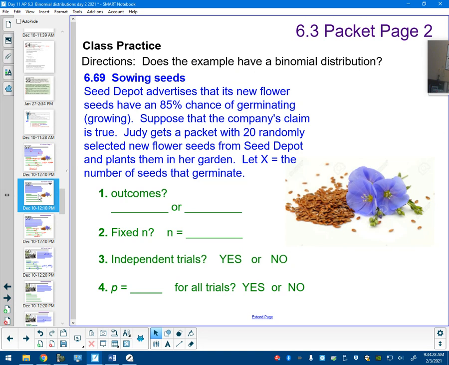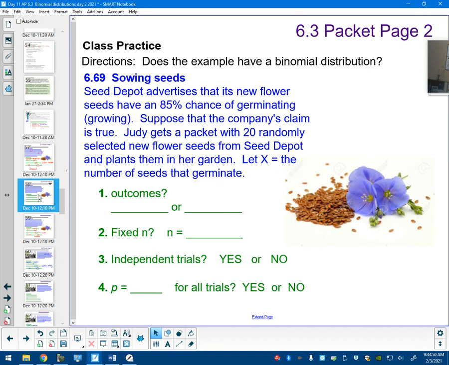Now, I'm reading you through this. If you had this on the AP statistics test, they would not give you 1, 2, 3, 4, but you have to go through all of them, even if the first one fails and you know it's not binomial. They want you to be able to assess all 4 parts.